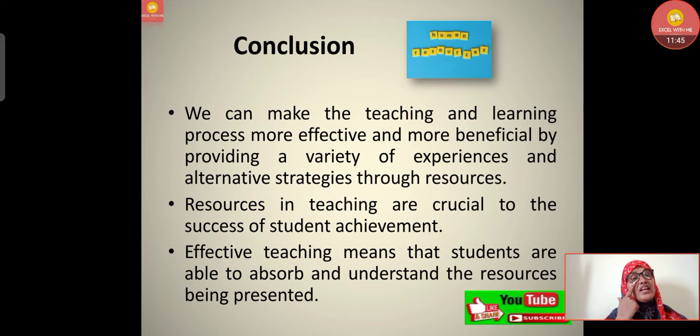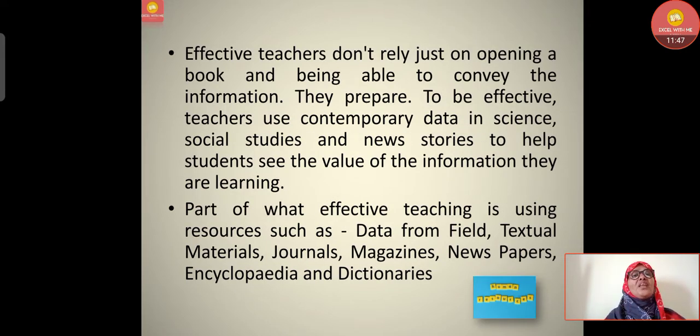That is very important. Effective teachers don't rely just on opening a book and conveying the information. They prepare. First, the teachers will prepare, and then to be effective, teachers use contemporary data in science, social studies and news stories to help students see the value of the information they are learning.